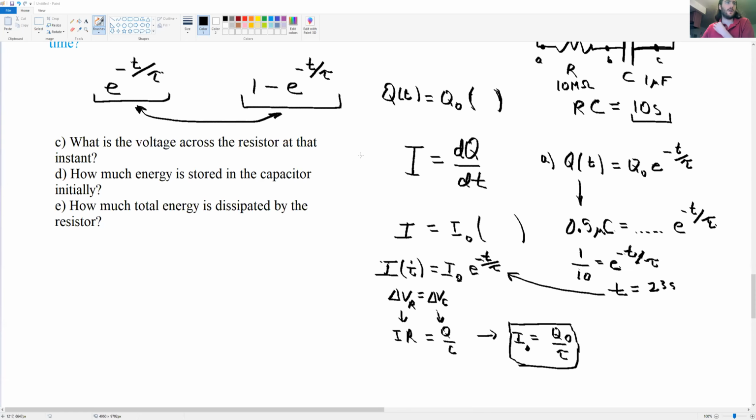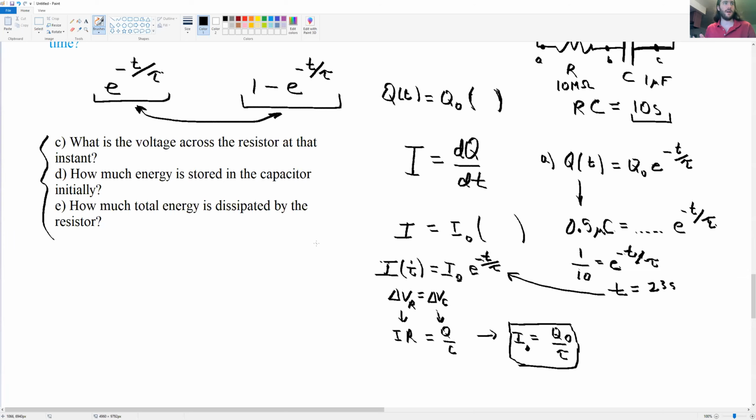All right, so I think that's enough time for those first two parts. So let's go ahead and start up on C, D, and E. 3 parts this time. What's the voltage across the resistor at that instant?